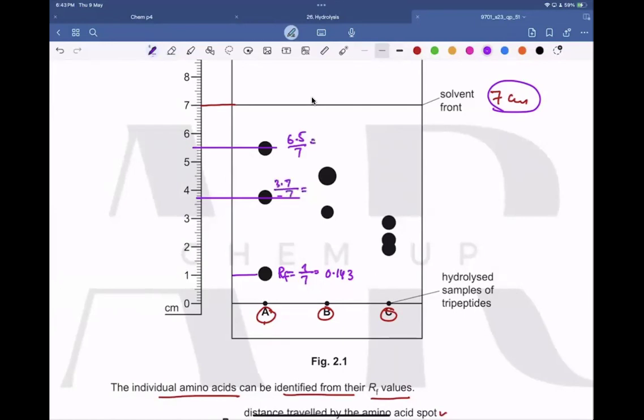Can anyone calculate these values? 0.543 is this one, and 0.786 is this one. So we got three values, 0.143, 0.543.